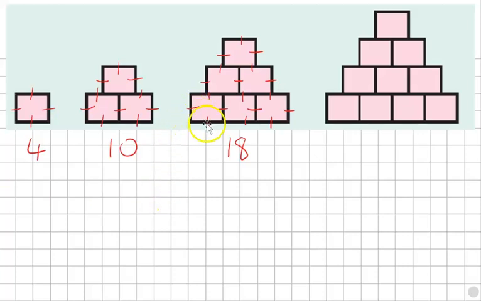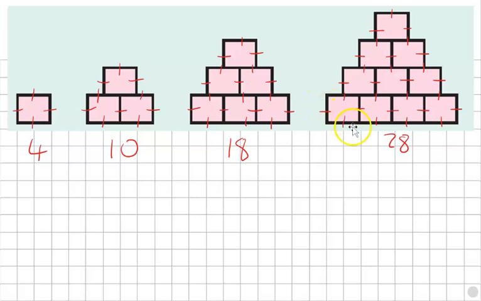Then we have 18 matchsticks forming the third term.